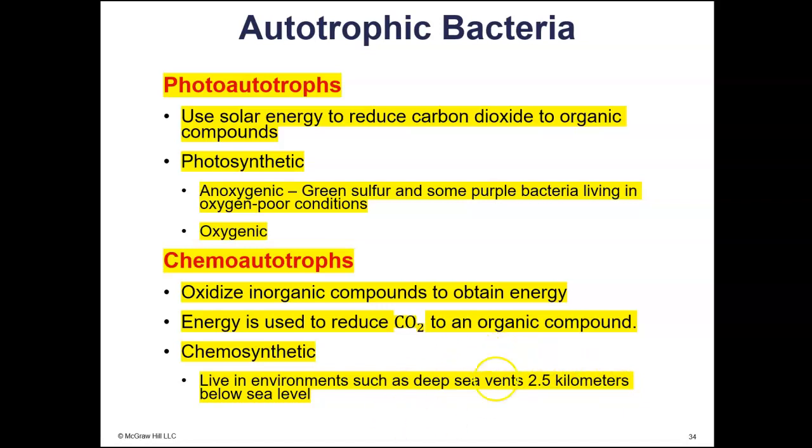For us, it's probably a strange way of getting food and energy. They make their own food, but they don't use sunlight, because obviously they don't have access to sunlight. So chemoautotrophs get their energy to convert carbon dioxide into food from breaking down inorganic compounds.